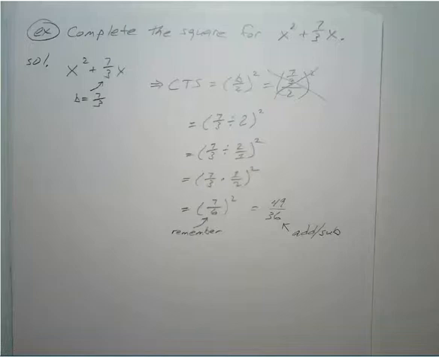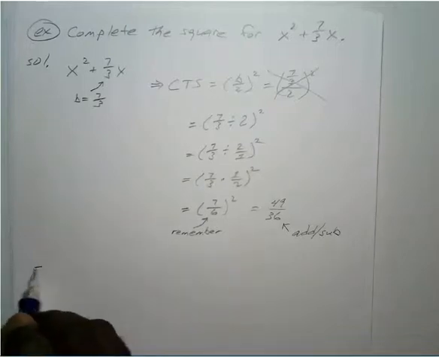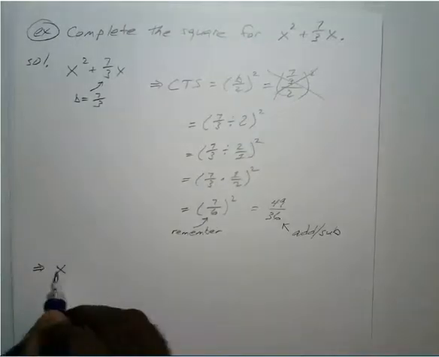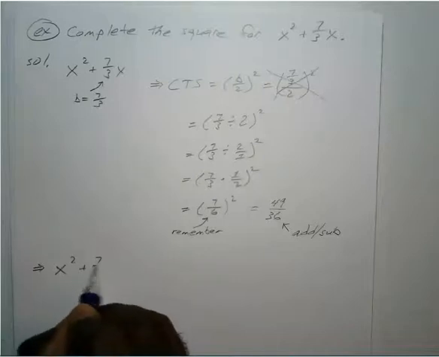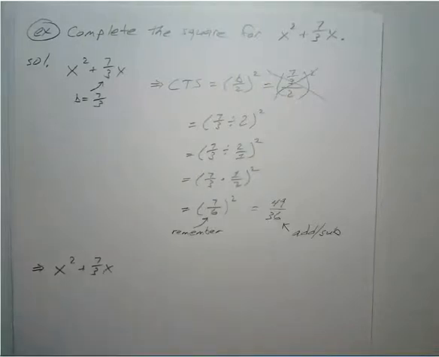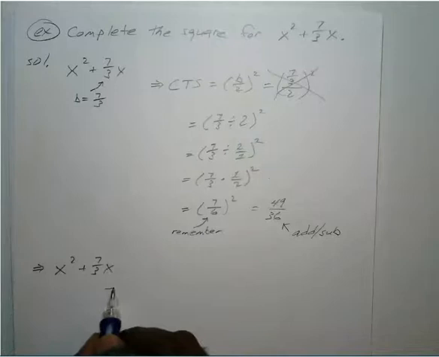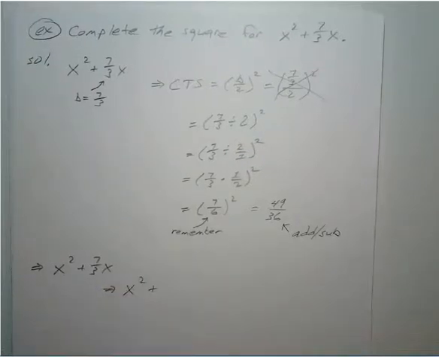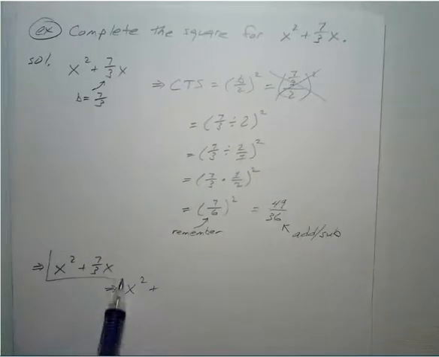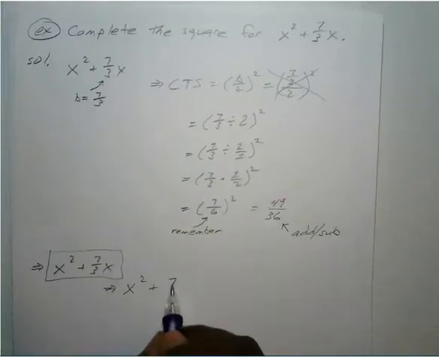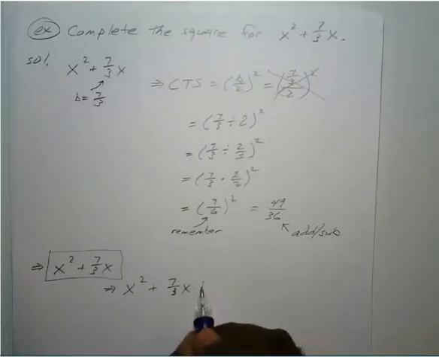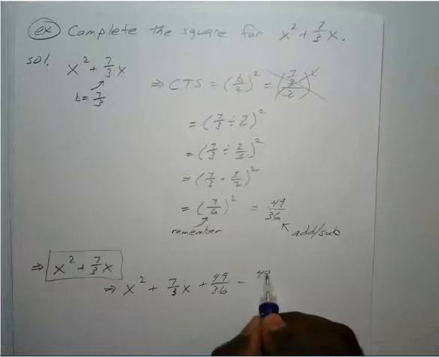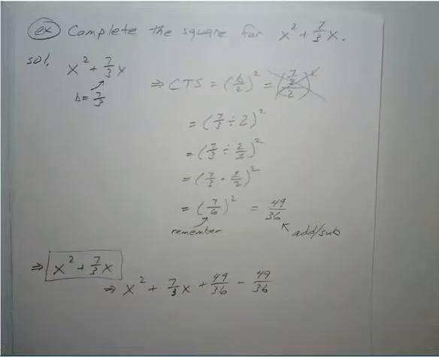All right, so let's go ahead and see what that gives us. So x squared plus 7 over 3x, let me separate that a little bit. x squared plus 7 over 3x plus 49 over 36 minus 49 over 36.